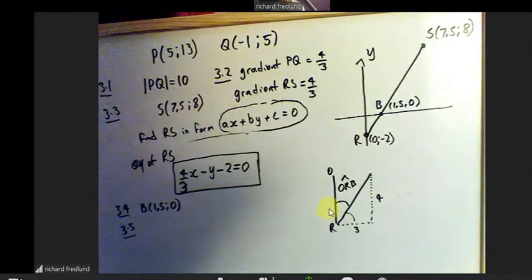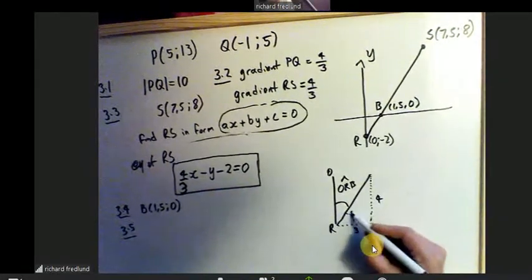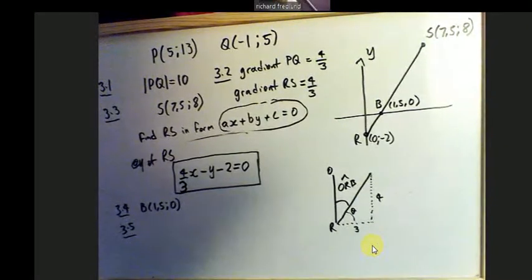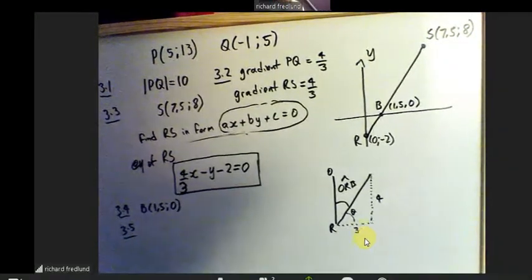So ORB, this angle, and we know the gradient is 4 over 3, so it's 4 up and 3 across. So to get this angle here, let's just call it theta. If we want to get that angle, the tan of this angle would be the opposite over the adjacent, so the tan of this angle would be 4 over 3.